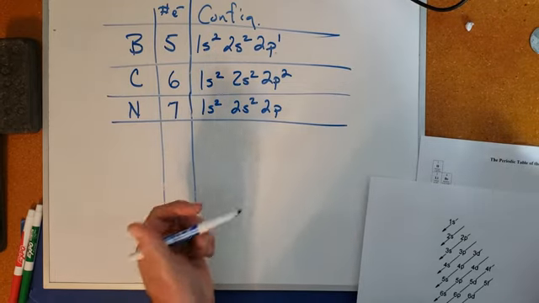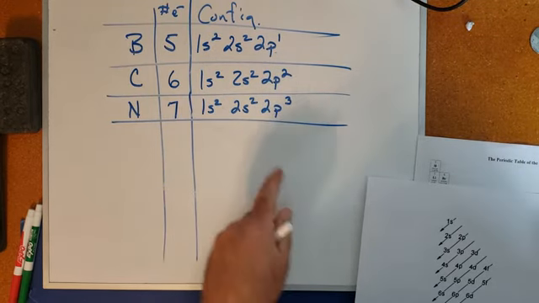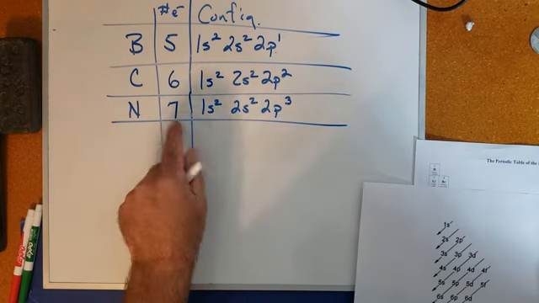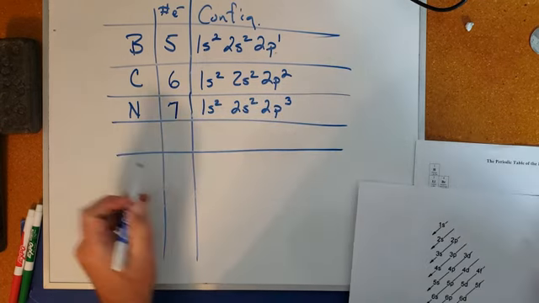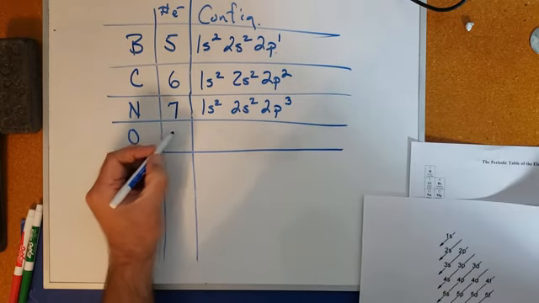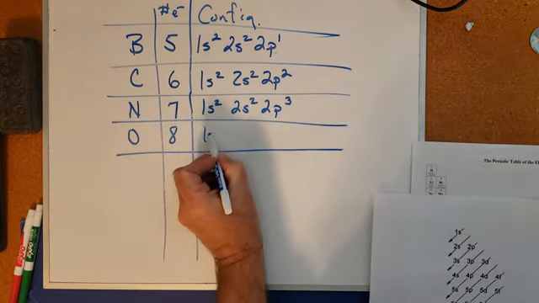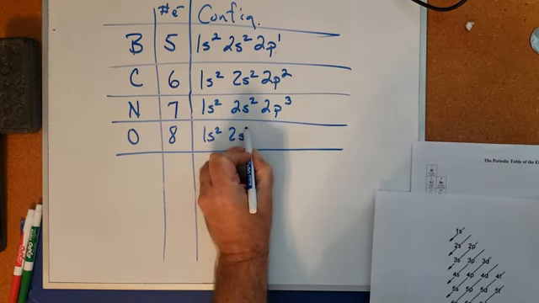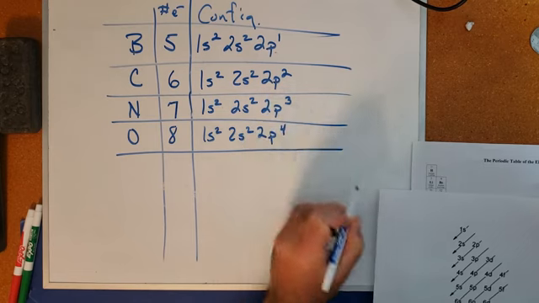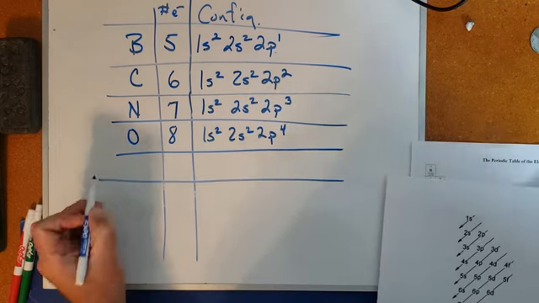What do you think? It's going to be 3, right? 2 and 2 is 4, and 3 makes 7 electrons. Then oxygen, element number 8: 1s2, 2s2, 2p4. If you said 4, you're correct.